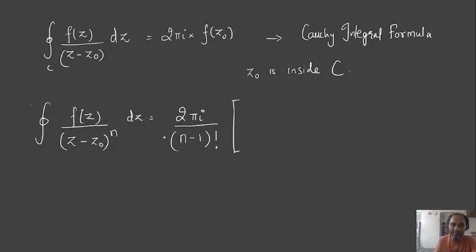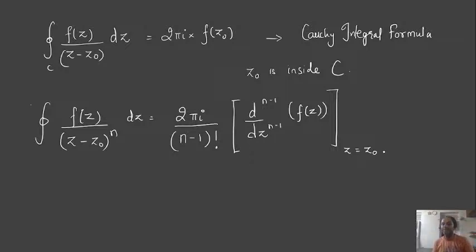We have to take d by dz, the n minus 1th derivative of the function, and evaluate it at z equals z naught. So you will get your answer. So this formula is a rather general version.